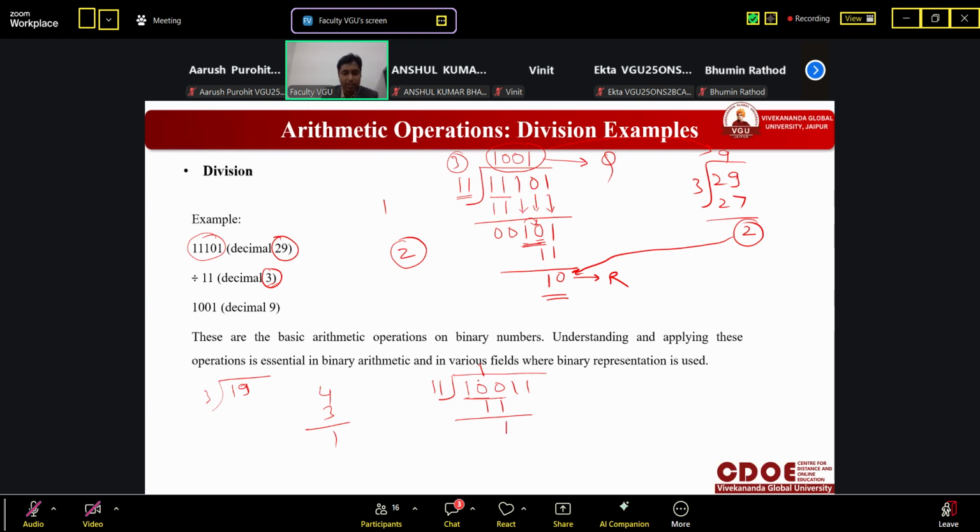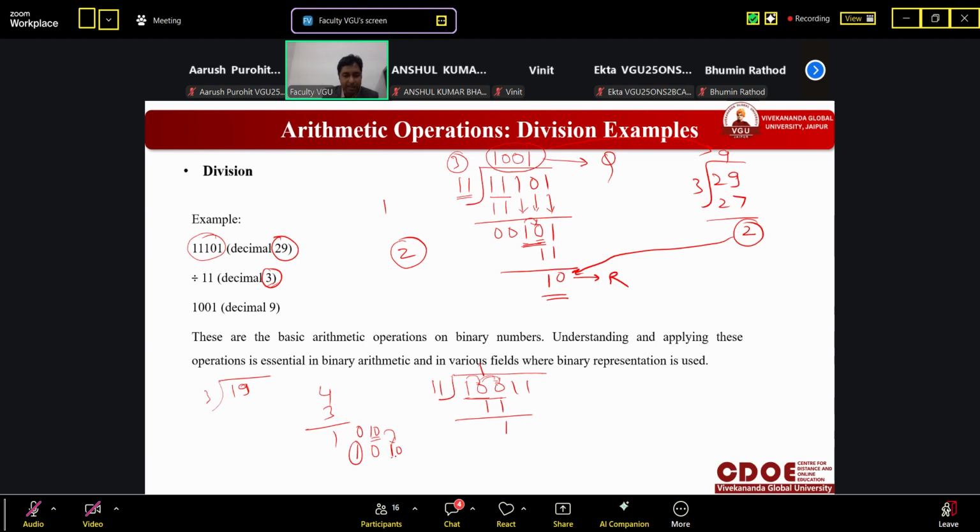How can you do it? You have to take a borrow, but here it is already 0, so it will take a borrow from here and give it to this. After giving this 1, it will become 0. This 0 will become 1 0, and from this 1 0 it will give 1 to this 0.